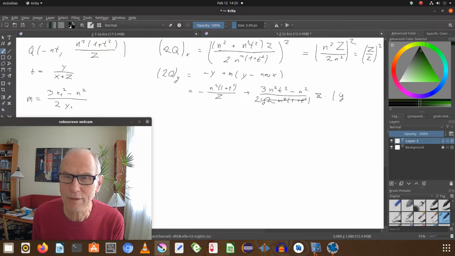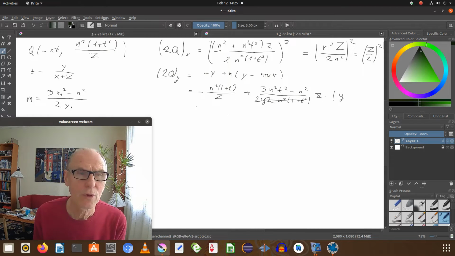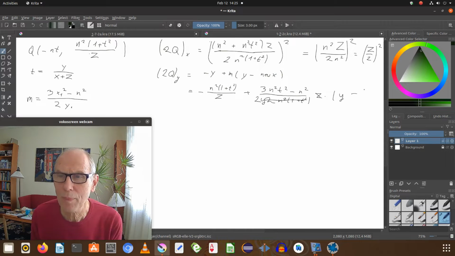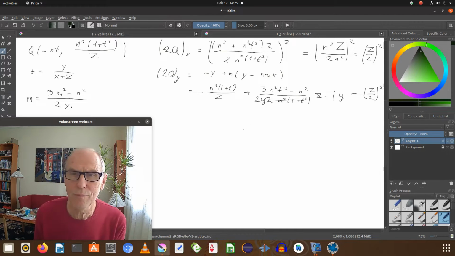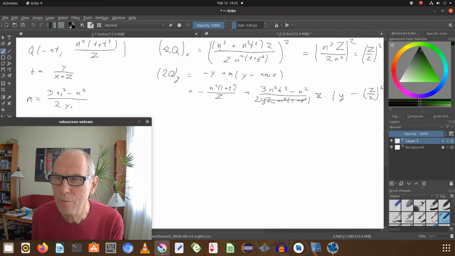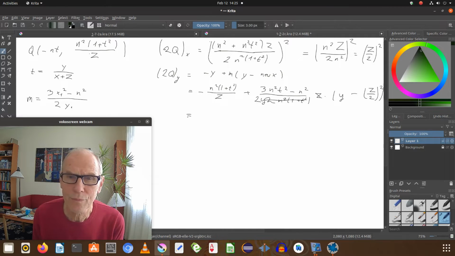Y, and that's the new y value, minus the new x value, this is the original. Oh yeah, that's because it will cancel part of it.